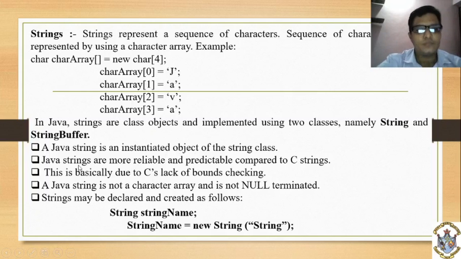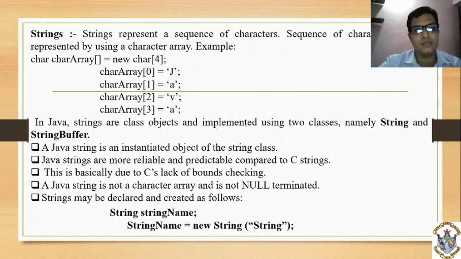Java strings are more reliable and predictable compared to C strings. If you observe, Java strings are very reliable and very predictable compared to your C programs. This is basically due to C's lack of bound checking. In a C program it doesn't check twice, but here it checks twice and thrice.